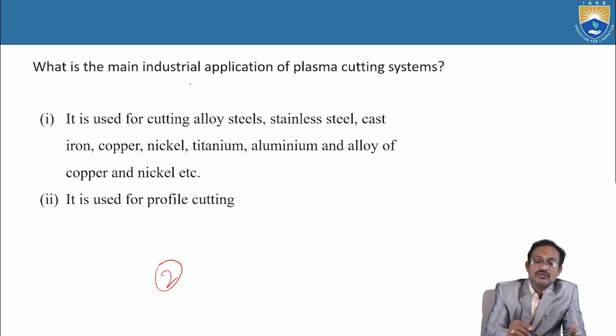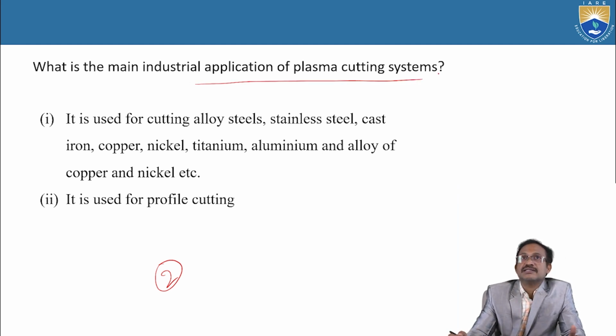So plasma cutting systems can be deployed for various materials such as alloy steels, stainless steel, cast iron, copper, nickel, and titanium. Titanium has high hardness, and its high strength to weight ratio gives good properties for some biomedical and other important industrial applications.